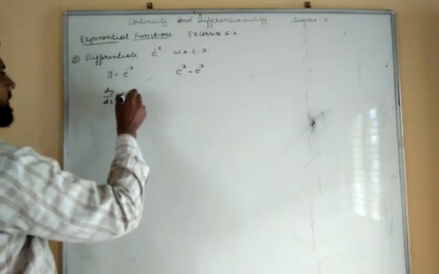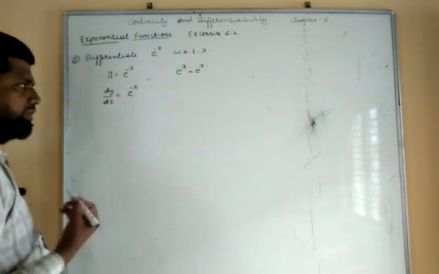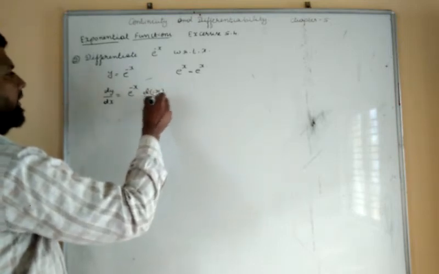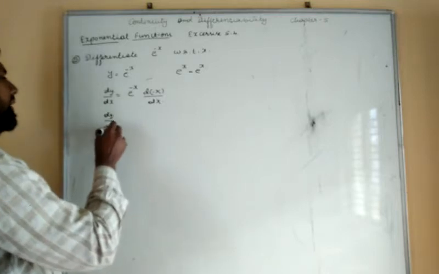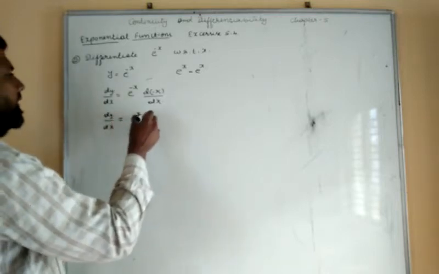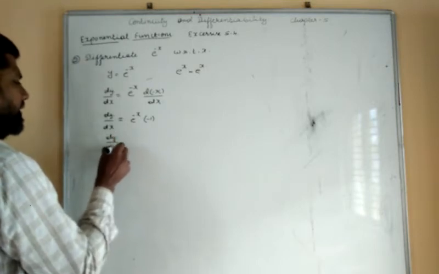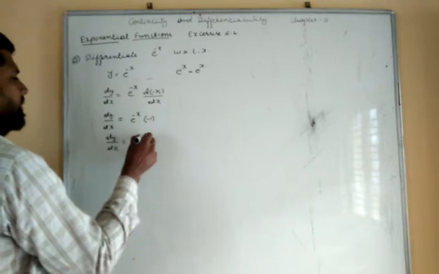So let us differentiate first: e to the power of x differentiation is e to the power of x, meaning e to the power of minus x. Again by chain rule, minus x is there, so again differentiation. So dy by dx is equal to e to the power of minus x into minus 1. So dy by dx can be written as minus e to the power of minus x.